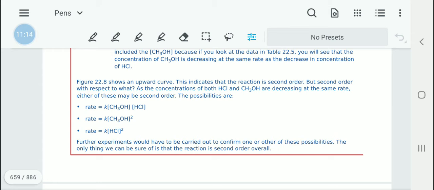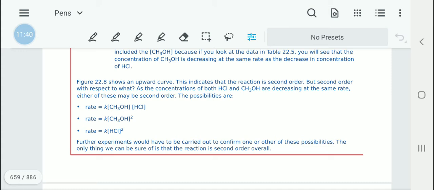But to figure out the second order in relation to what, we have to understand that HCl and methanol concentrations both are reducing. We know that it is second order, but any of them could be second order.